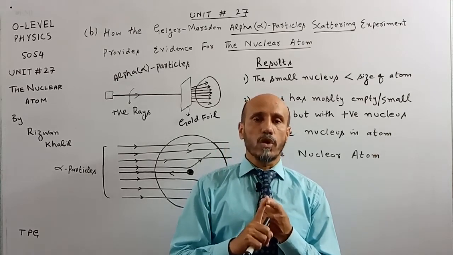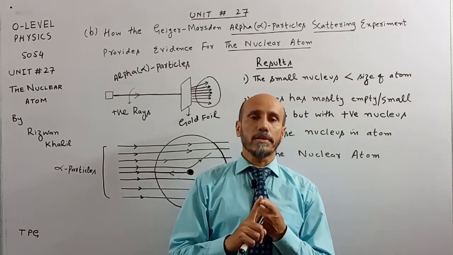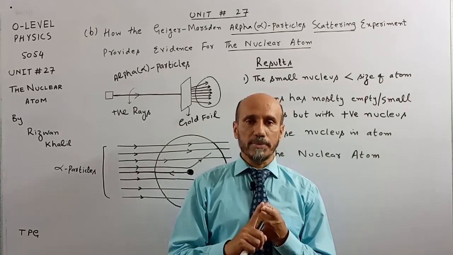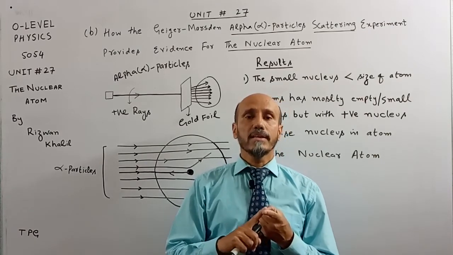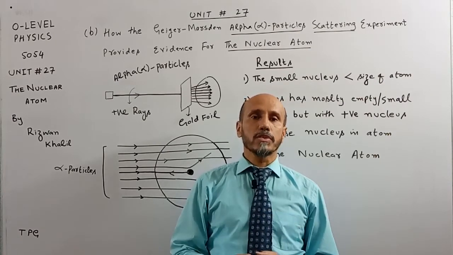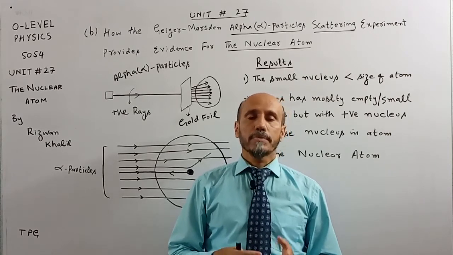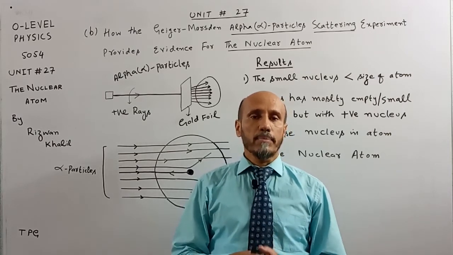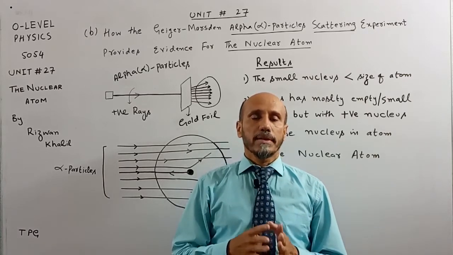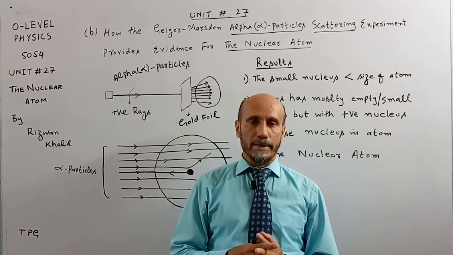The atom consists of mostly empty space, and there exists a smaller nucleus inside the atom which carries positive charge. There exists a dense nucleus in an atom, and the existence of the nuclear atom. I hope you are now able to understand the results of the Geiger-Marsden alpha particle scattering experiment.